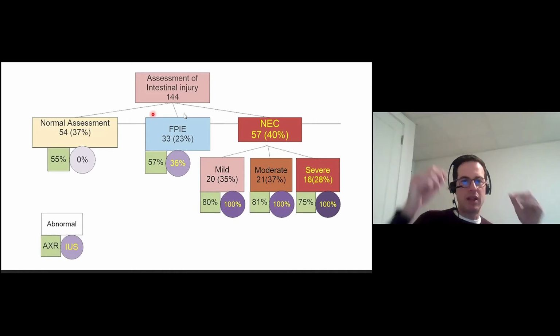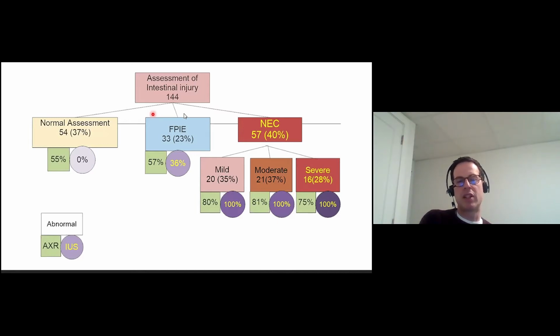When you broke them down into those that ultimately were concluded to be normal, versus those that had food protein induced enterocolitis versus true NEC, the difference between traditional radiography and ultrasound was astounding. Those kids who ultimately were found to be normal, and by normal their bleeding stopped, they actually never had any problem, it was just one bloody stool.